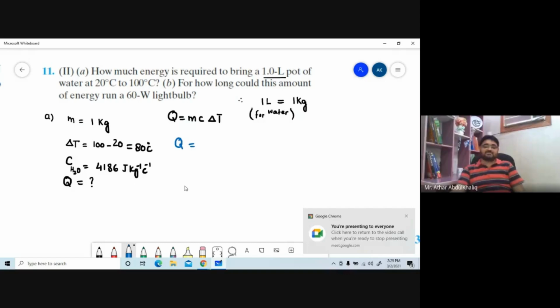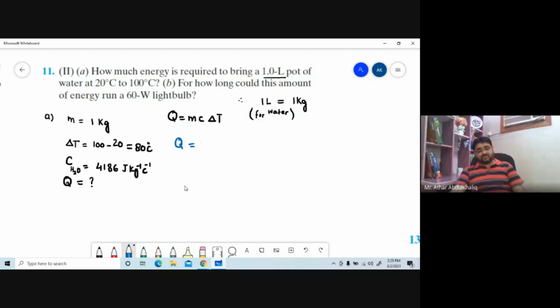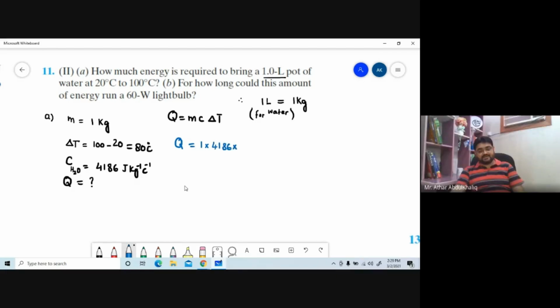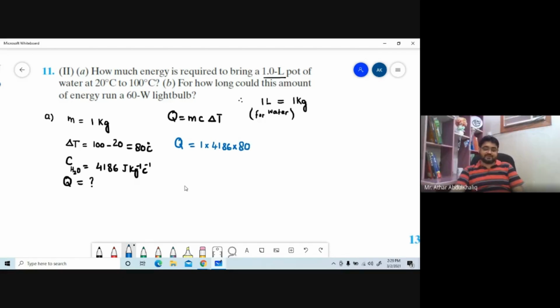Q is equal to, what is m? It is written 1 kg. So it is 1 times C, which is 4186, and delta T is 80.